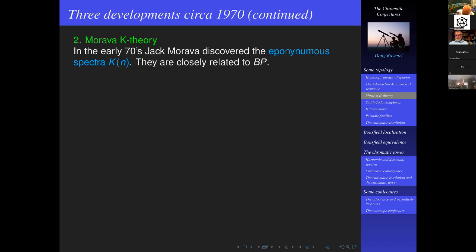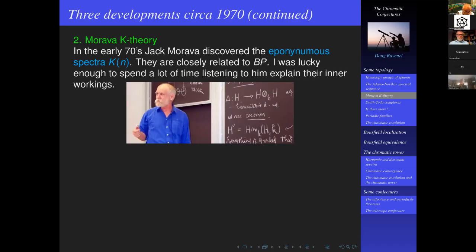I had the good luck to be able to spend a lot of time with Jack in those days. I first heard of him through a couple of very cryptic preprints that I got a hold of. I remember the first time I held one of his papers in my hand, I thought to myself, boy, this looks really interesting, but I'll never understand it.